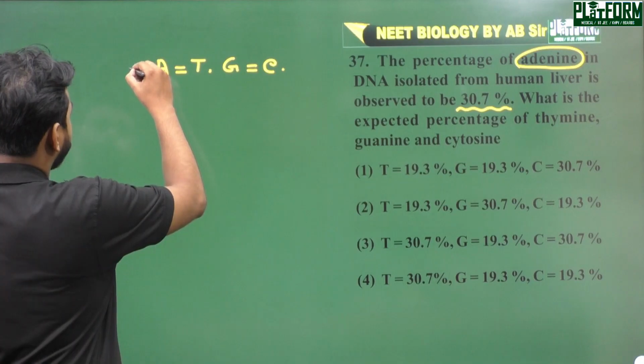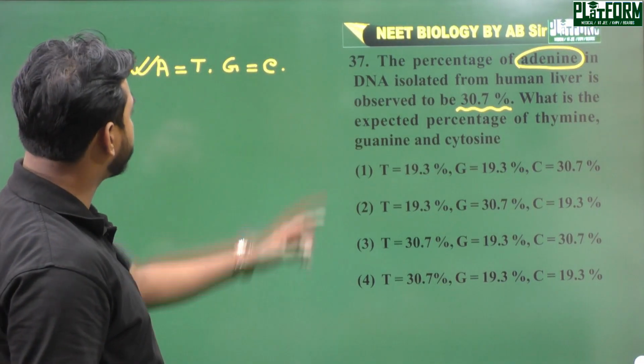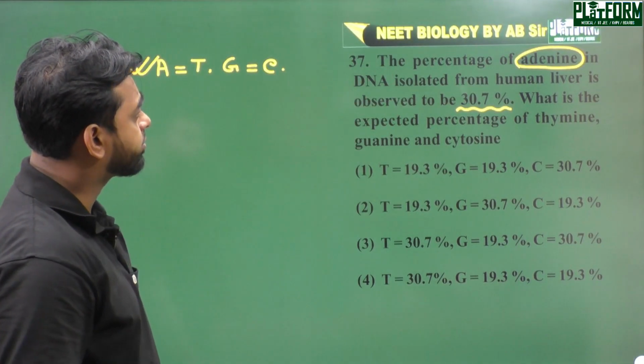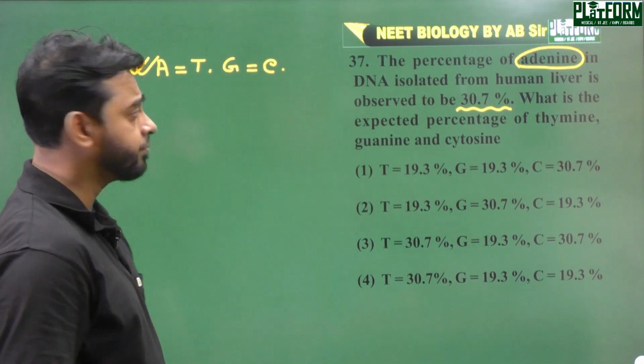So according to Chargaff's rule, A equals T, so definitely if adenine is 30.7, then thymine is also 30.7.